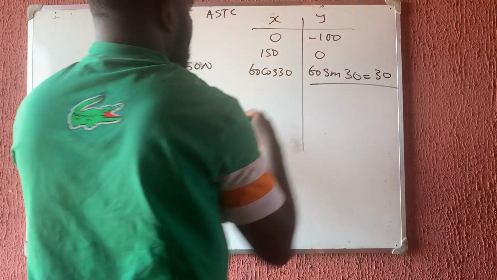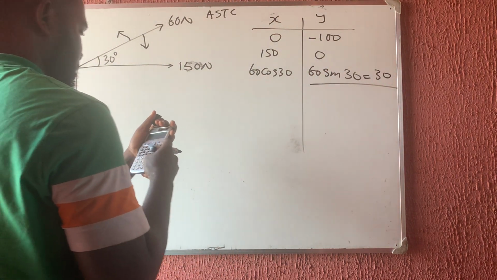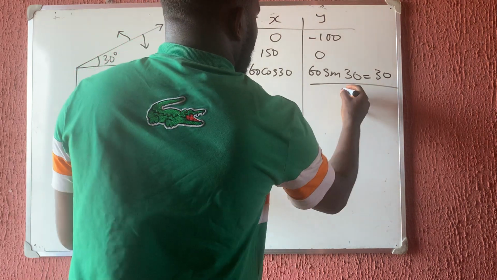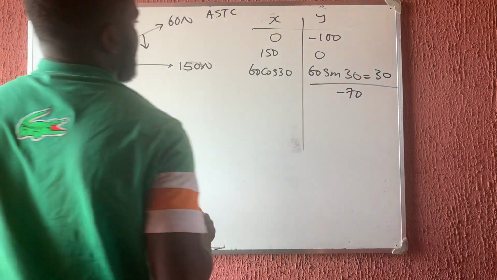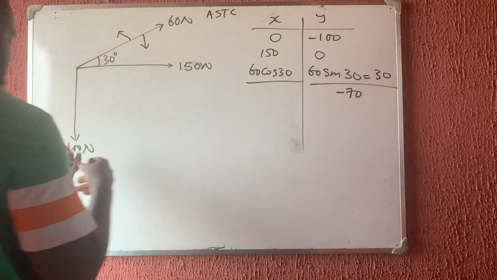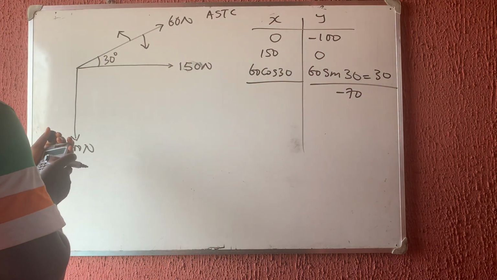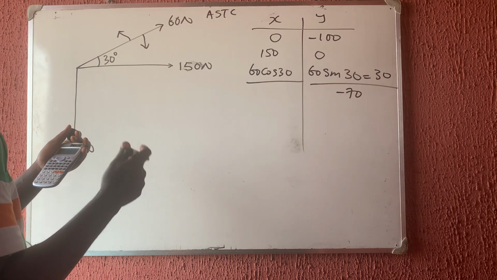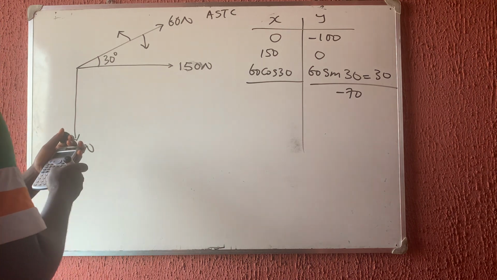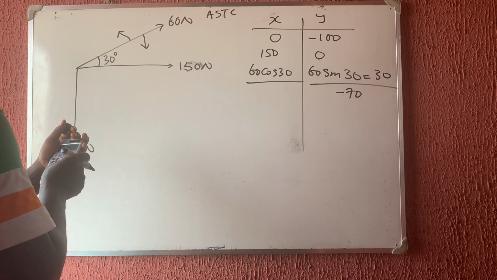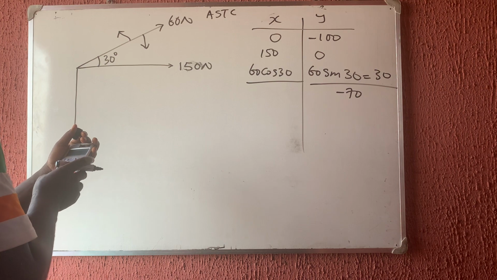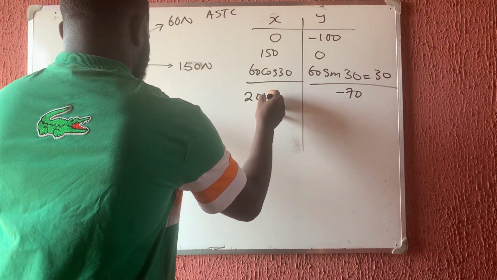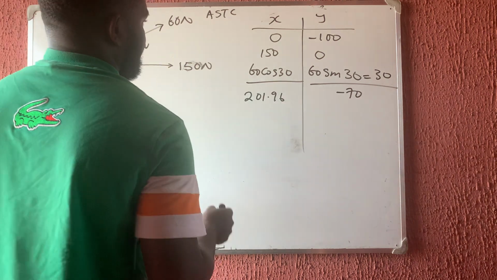So if you do everything here, you are going to have minus 100 plus 30, so I'm having minus 70 for this side. But for this side, I'm going to have 60 cos 30, which is 51 point something. So 150 plus my answer, I'm going to have 201.96. Okay, so that is that.